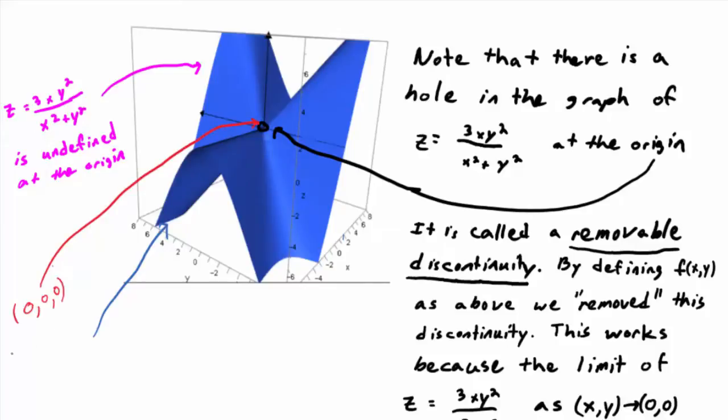If a graphing program were smart enough to put it in, there would be a hole right here. But the function f fills that hole. If we're just talking about the rational function, then there's a hole here. But by defining f(0, 0) to equal 0, we've filled it. So that's why we call it a removable discontinuity.